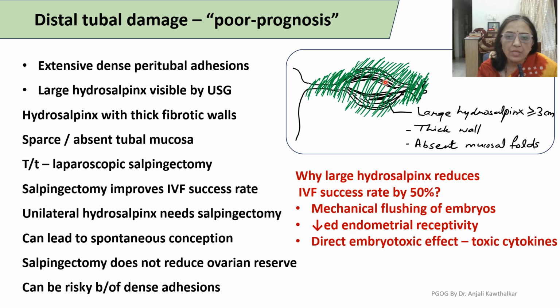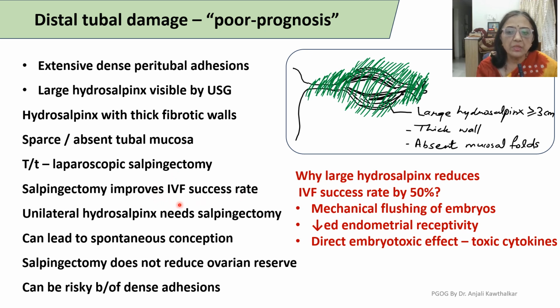The endosalpingeal lining will be damaged, so the mucosal folds will not be seen. That indicates a poor prognosis case where the chances of pregnancy are poor in spite of a reconstructive surgery. In these cases, treatment is laparoscopic salpingectomy. Salpingectomy is necessary. It improves the IVF success rate.